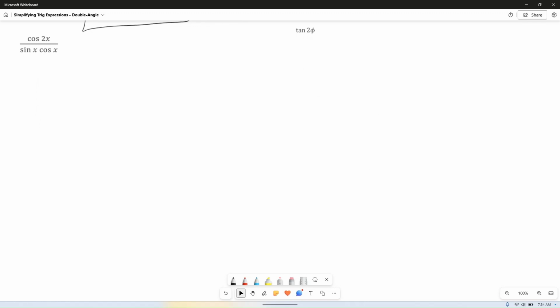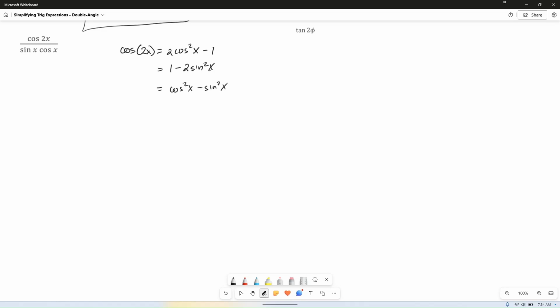The difficulty with cosine is that it has 3 ways of writing it. We could write the cosine of 2x as 2 times the cosine squared of x minus 1, or we could write it as 1 minus 2 sine squared of x, or we could write it as the cosine squared x minus the sine squared x.